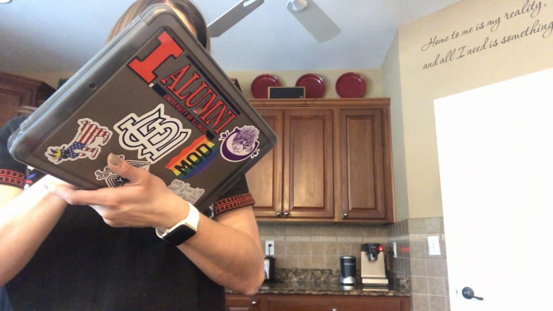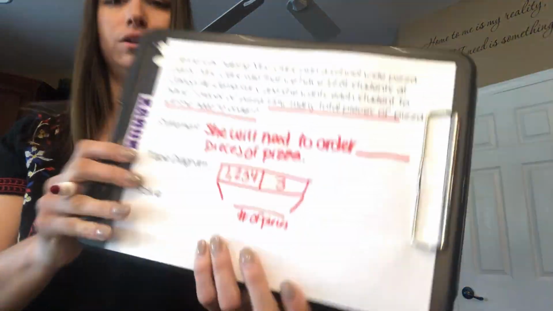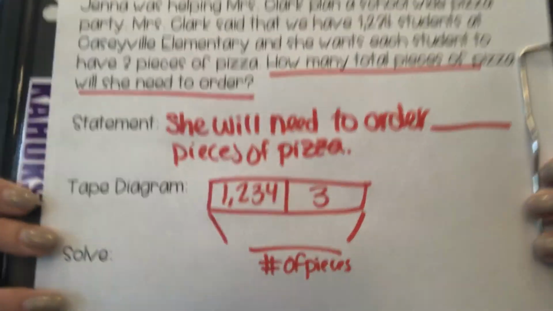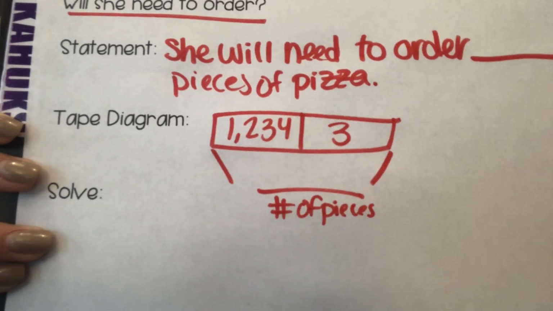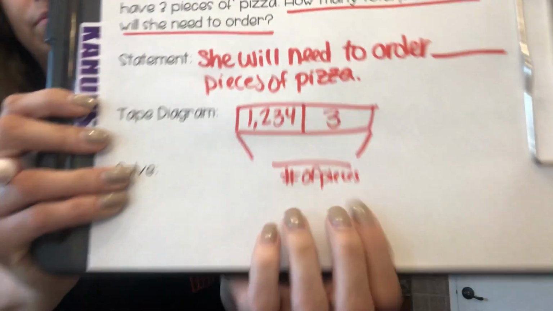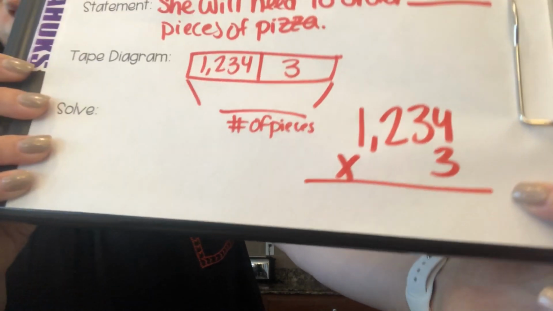So each kid gets 3, and we have 1,234 students. I made up this word problem. I don't know how many kids we have at school, but that's a good number. So when I have parts, I'm going to multiply 1,234 times 3. So if you haven't done that yet, go ahead and pause your screen and multiply.